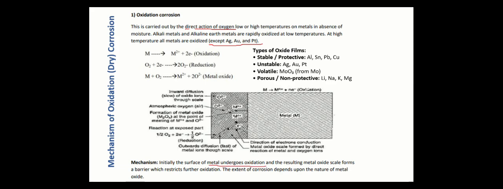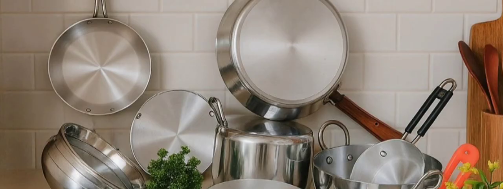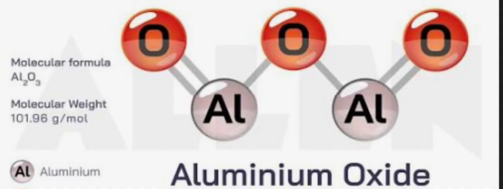Stable or protective film. If the oxide film is dense, tightly adherent, and non-porous, it prevents further diffusion of oxygen. Aluminium is the best everyday example. Your aluminium utensils and aluminium doors or windows do not corrode easily because the aluminium oxide layer formed is exceedingly protective.